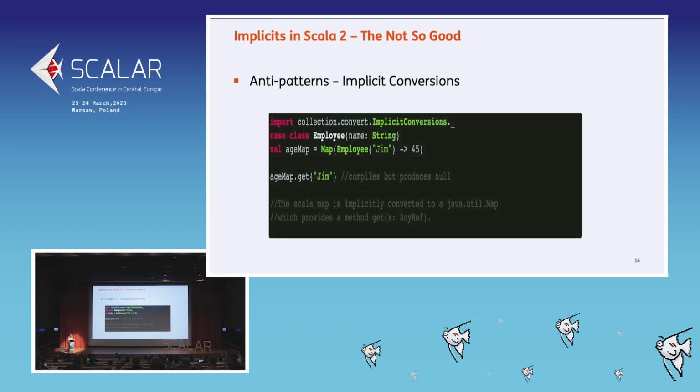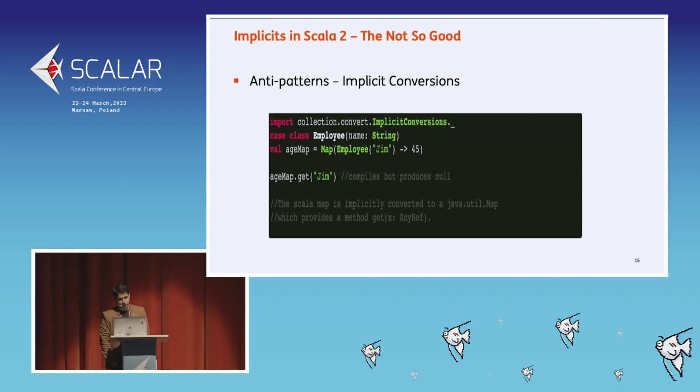And that compiles perfectly fine, but produces null. That is because the implicit conversion in scope there is converting my Scala map to Java map automatically and allowing me to do the get call. So this sort of implicit conversion was the root cause of many performance issues when they were really introduced in the beginning.